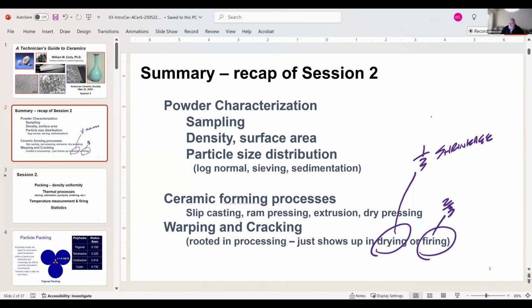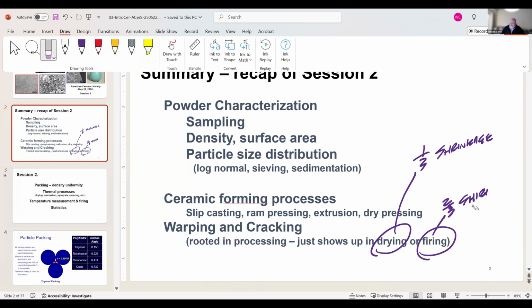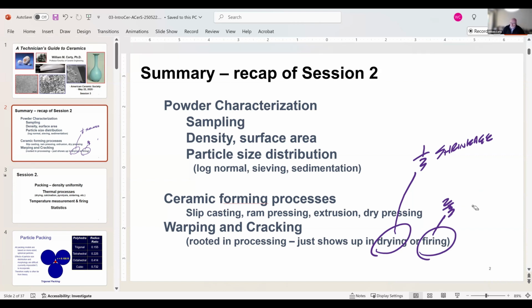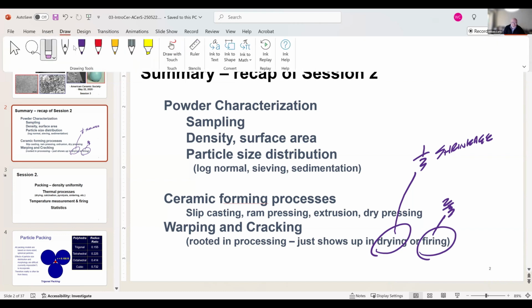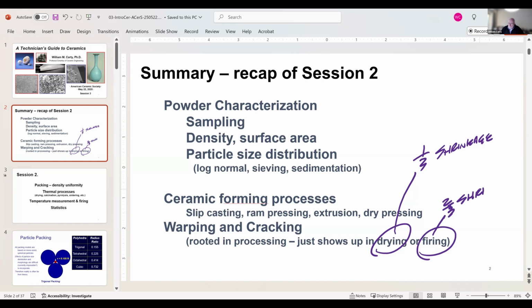So if you end up with defects in the piece that show up in drying, then it's an indication that your defects are more severe than if they show up in the sintering process. Of course, the issue with the sintering process is that if it's dried and it cracks, you can recover the material. If it's sintered, it just goes into the landfill. So anyway, that's the issue here, is that this gives us an indication of the magnitude of the problem.